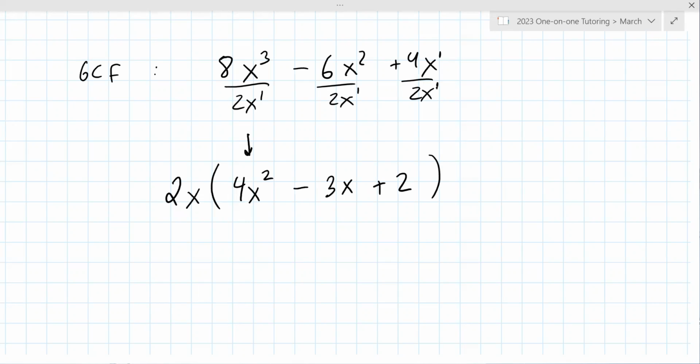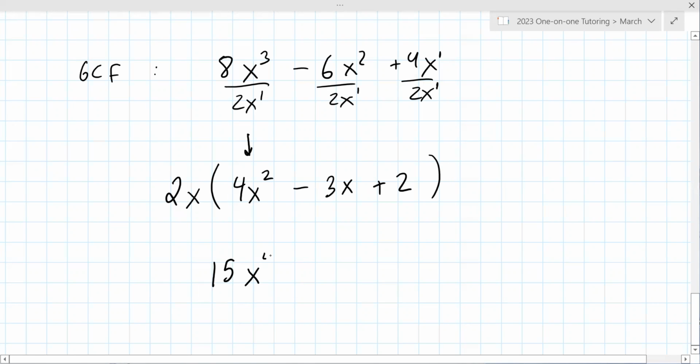All right, do you want me to give you one like this to try? Mm-hmm. Okay, let's say it's 15x to the 4th minus 9x cubed plus 3x squared.